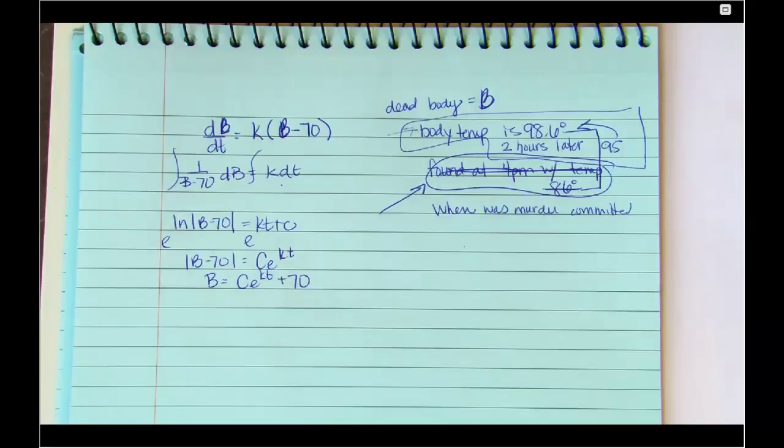C is not 98.6, because it's not that same form of the equation. Anna asked, when can I assume that C is my starting point? Only when it's dP/dt equals kP. That is the only time you can assume that your C is your starting point. You can't just leave the minus 70 on that side. You have to solve for B.